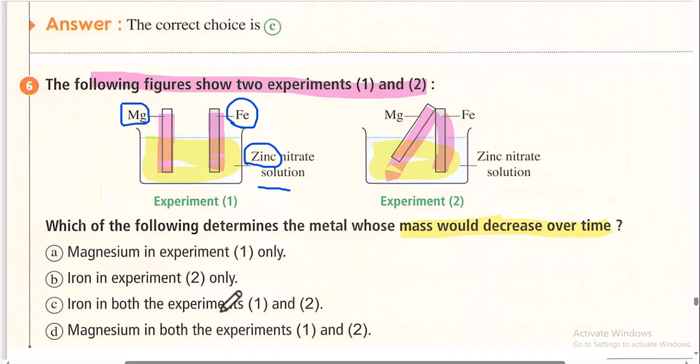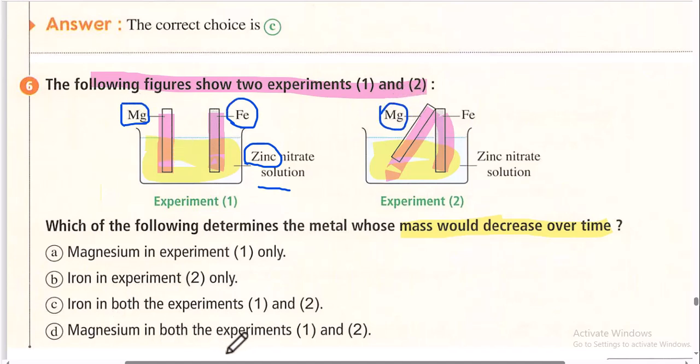Iron in both experiments 1 and 2, iron cannot be corroded as magnesium and zinc are more active than iron. So iron will not act as an anode. The material which acts as anode in both cases is magnesium.